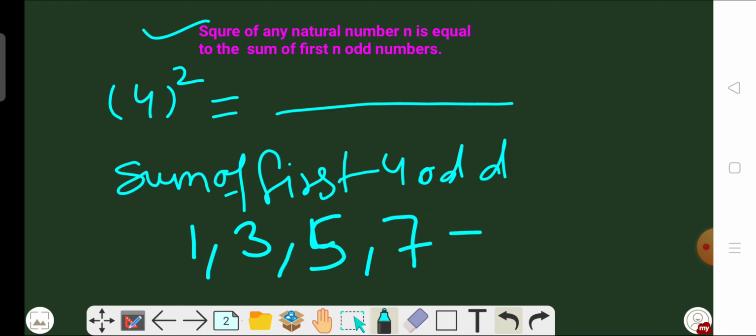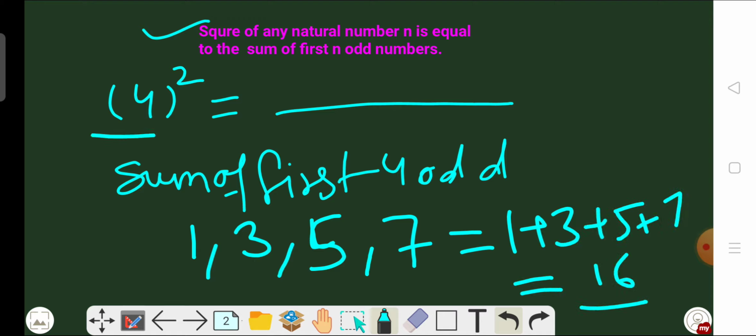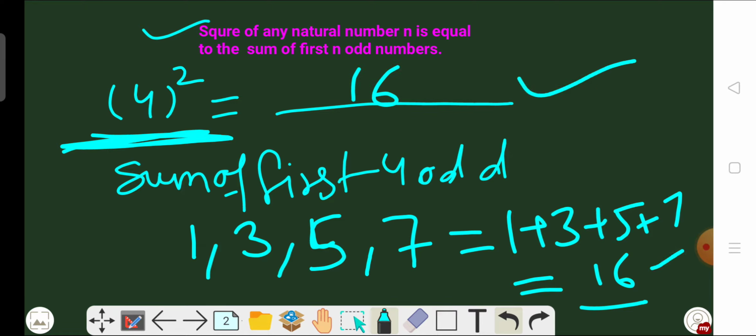Now add them. Addition of 1, 3, 5 and 7 is 16, and we also know that the square of 4 is 16. So this is verified that we can write the square of any natural number as the sum of the first n odd numbers.